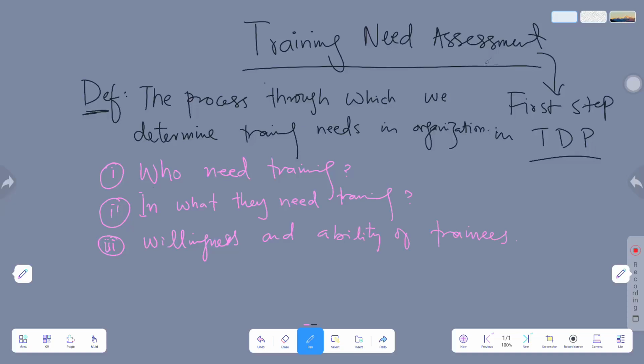Through training need assessment, we determine the willingness and the ability of the trainees.